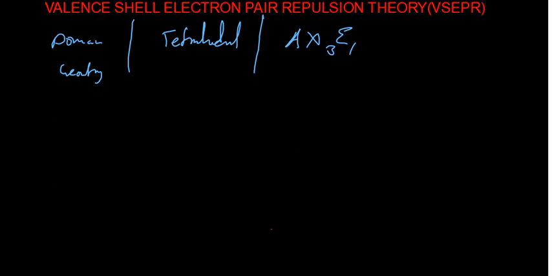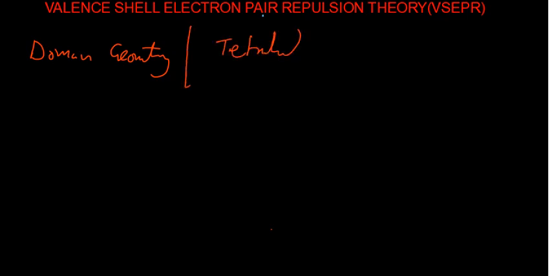At the same time, we can have a domain geometry which is still the same, tetrahedral, but we have changed now. We have removed 2 atoms, and they've remained as lone pairs.